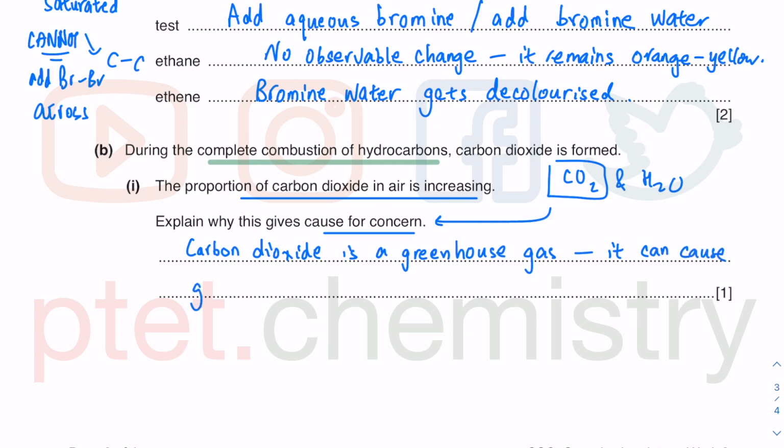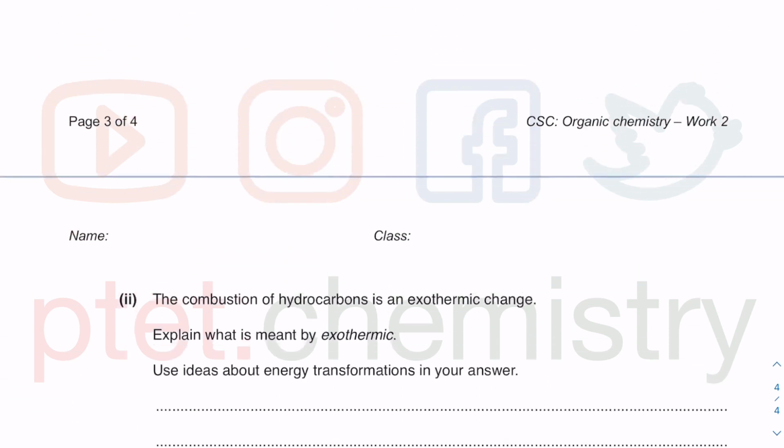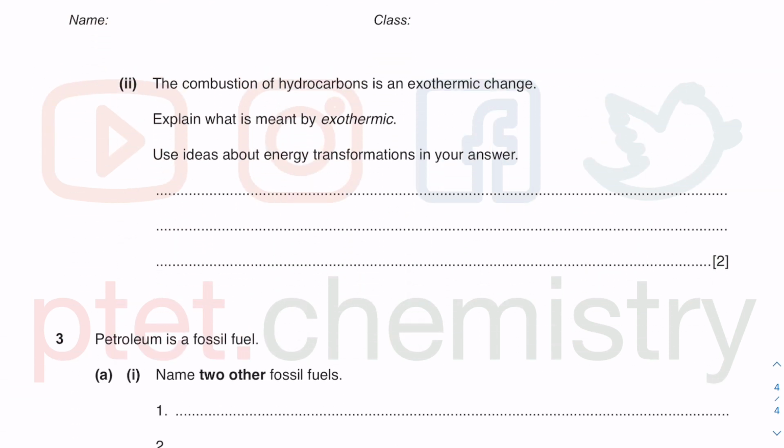And when the whole world gets hotter, we get flooding in some parts of the world, and crops can die as a result of very high temperature. Now, combustion of hydrocarbons is an exothermic process. What is meant by exothermic?